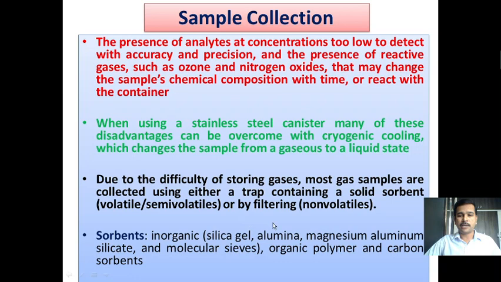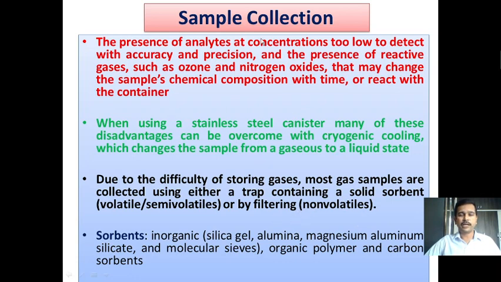This filtration is done by fitting a filter near the cap of the stainless steel canister, so that all those particulates present in the atmosphere will be filtered and collected. So normally volatile or semi-volatile species will be trapped over the surface of the solid sorbent, and the non-volatiles can be obtained by the filtration process.